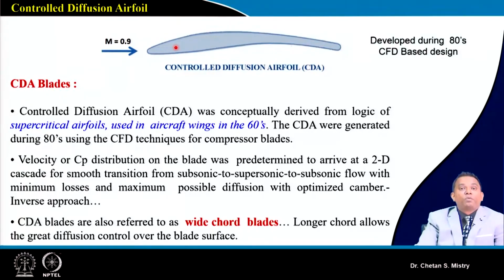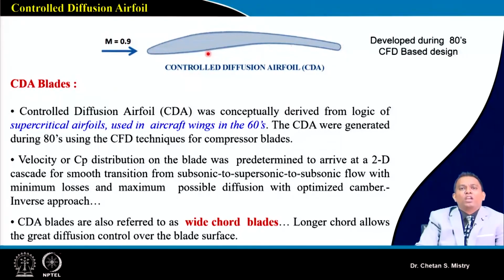Let me put the point, when this aerofoil was being generated, it was designed with a particular pressure distribution on both pressure surface and suction surface. We can say as CP distribution, and we have control of velocity on this aerofoil.